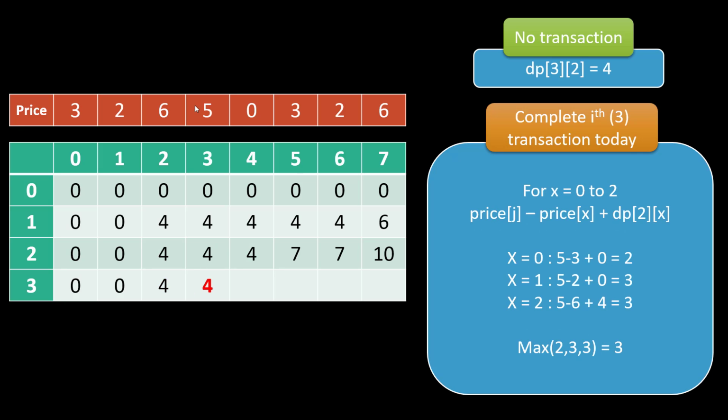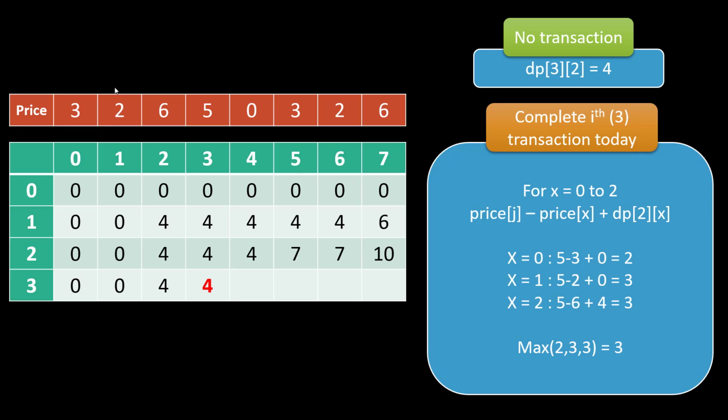Moving ahead, if I consider the previous day's profit, it gives me 4 as the answer, or else I can sell on the current day, which means I bought on any of the previous days. If I buy on day 0, it gives me a profit of 5 minus 3, which is 2, plus this 0 from making i minus 1 transactions till day 0, which is 2.